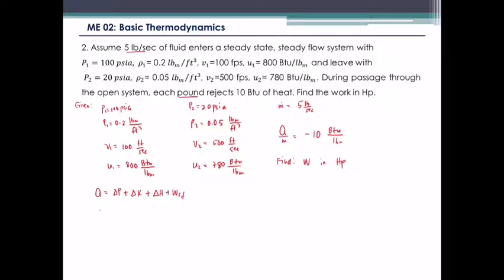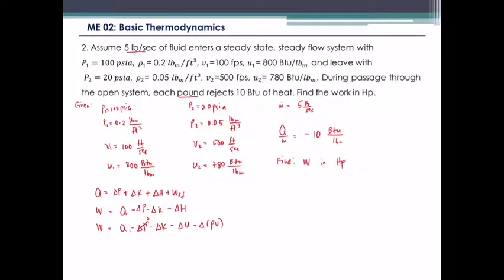Work, therefore, is equal to heat minus delta P minus delta K minus delta H, or this is delta U minus delta PV. But in our problem, there is no indicated change in potential energy, so this is 0.